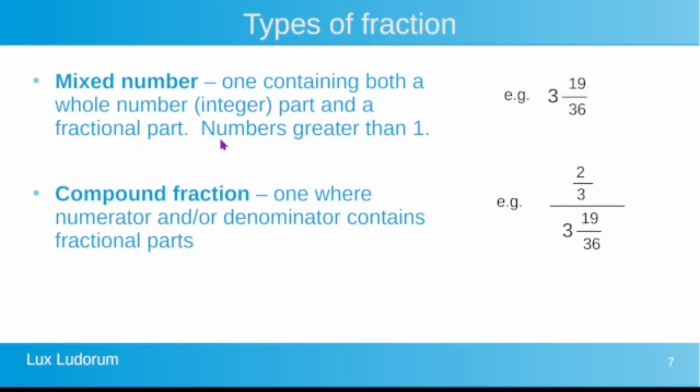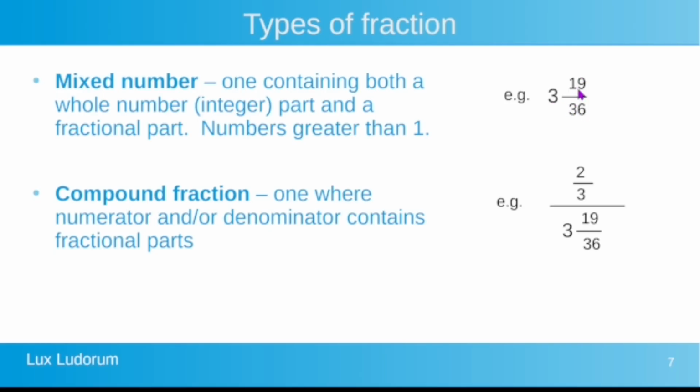Mixed numbers. These are ones containing a whole number integer part and a fractional part. For example, 3 and 19/36: there's the whole number integer part, and this 19/36 is the fractional part. We think of this as 3 whole ones plus 19/36 as a fraction of a further whole one.